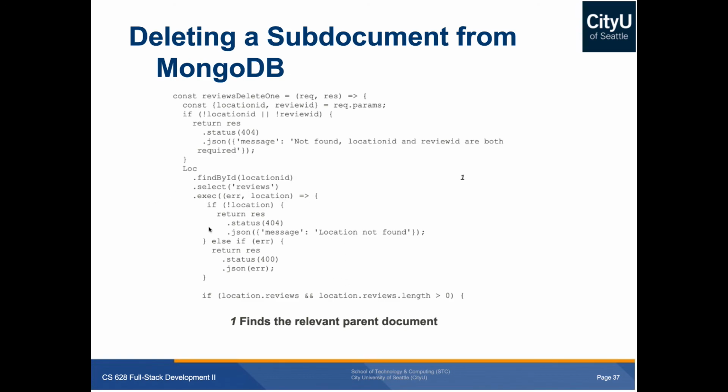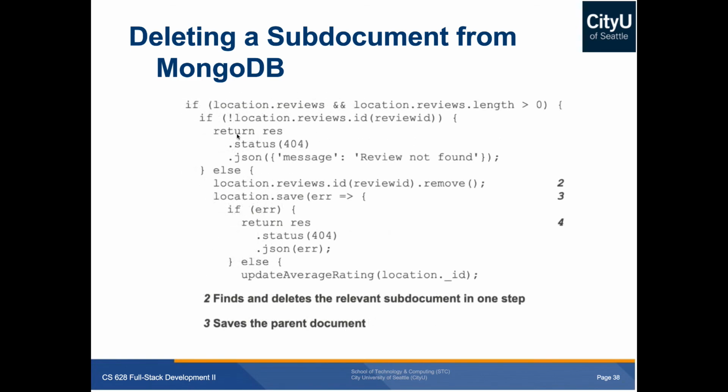If the location is not found, throw an error. Any other errors, throw an error, right? If we have any reviews, then we can do an additional check. If the review ID is null, does not exist, review not found. Else, we found it, now we can remove it with this dot remove method, right?